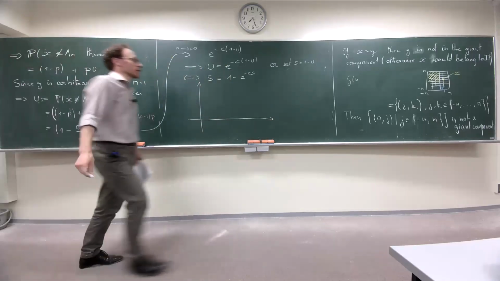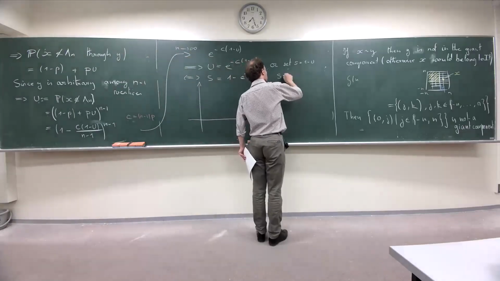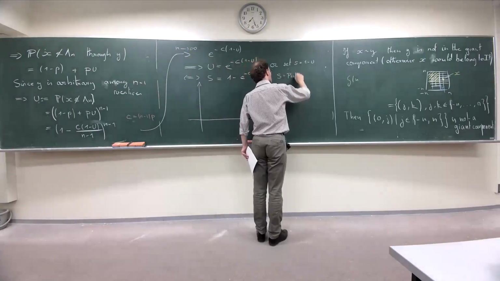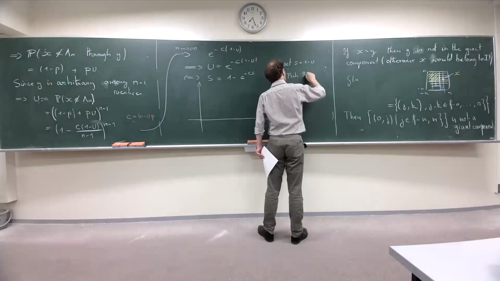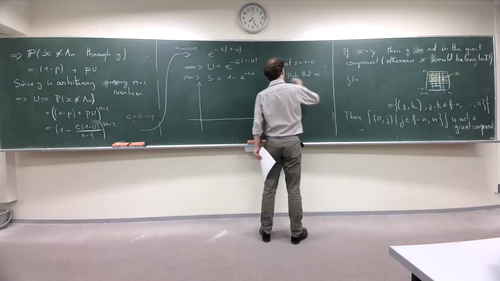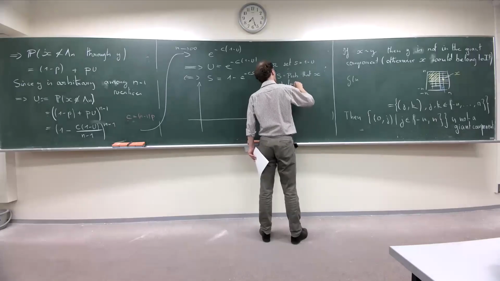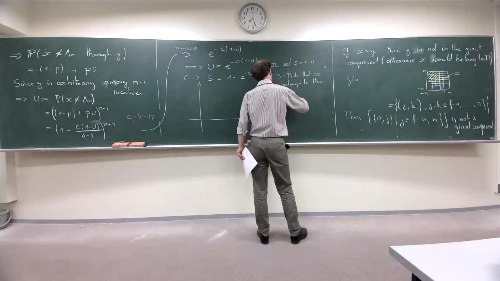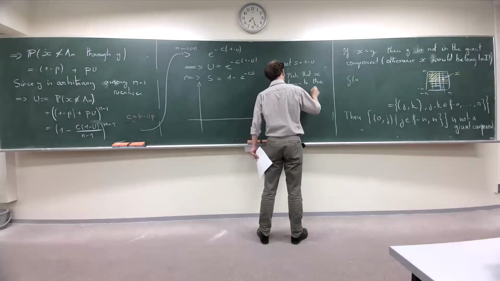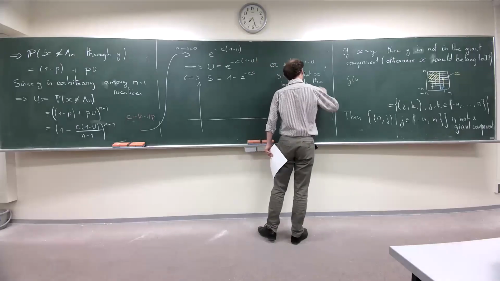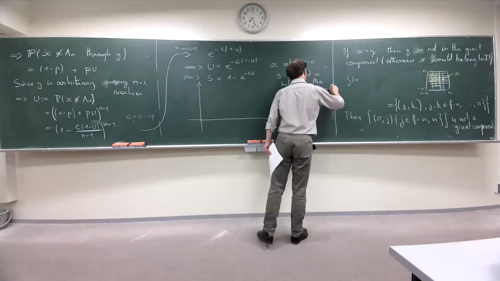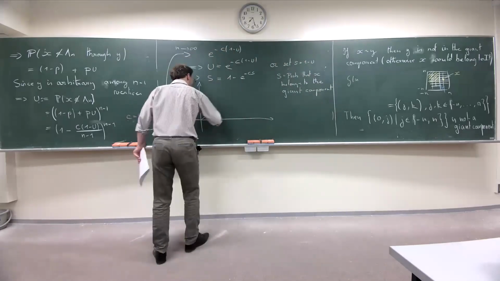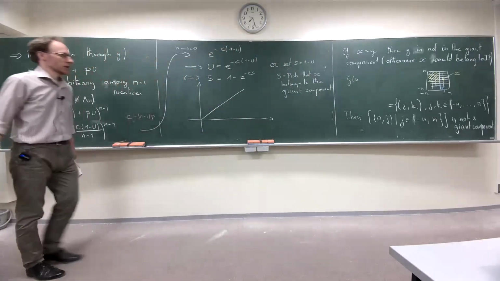So what is the meaning of S? By the way, S is the probability that X belongs to the giant component, because it's 1 minus not belonging. So how do you solve this kind of equation numerically?